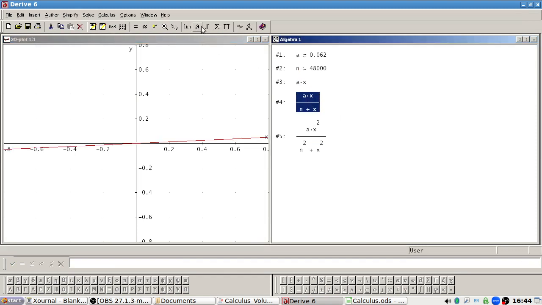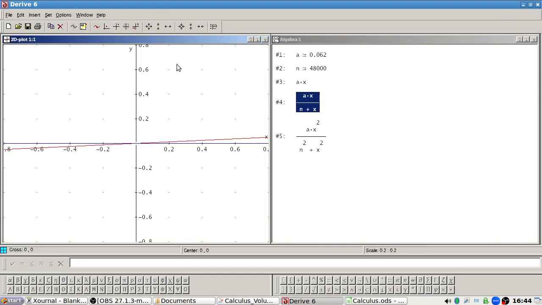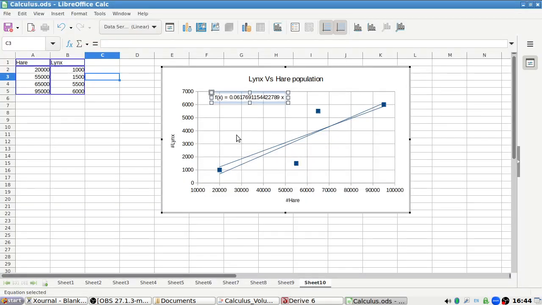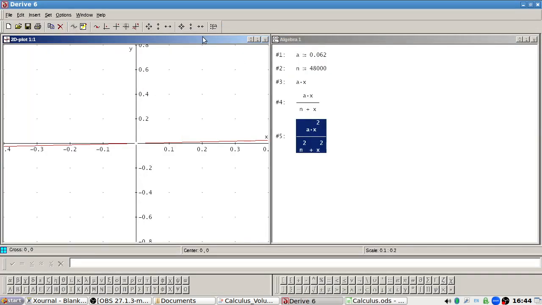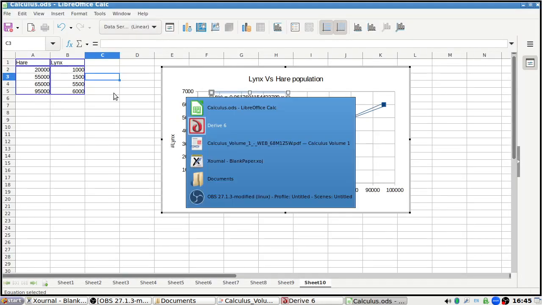Plot, plot, plot, and we can go up to a large number here. We need to get up to 6,000. Okay, and then to 95.